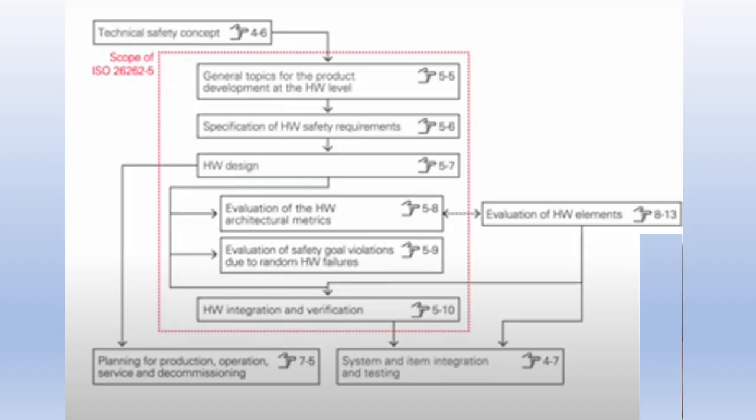As you can see in this slide, the evaluation of the hardware elements in section 8.13 is very important. And the hardware design, in point number 5.7, comprises the evaluation of the hardware architectural metrics and also the evaluation of safety goal violations.